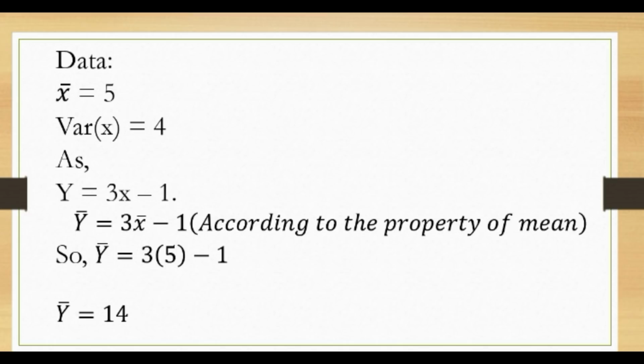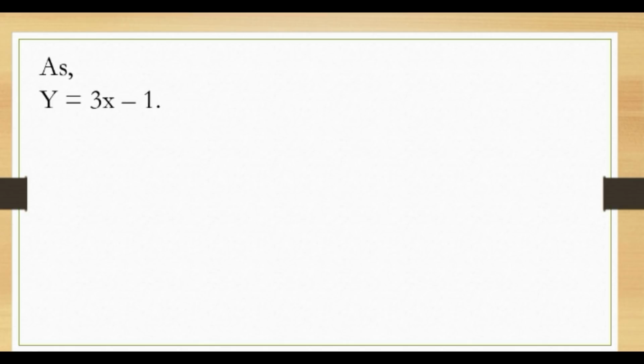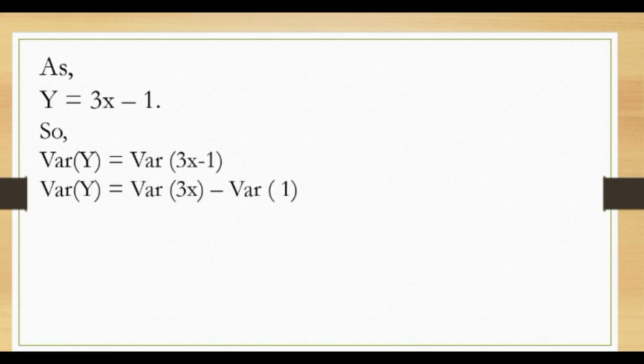After that, find the value of the variance of y. As y equals 3x minus 1, apply variance on both sides of the equation. So variance of y equals variance of 3x minus 1. Variance of y equals variance applied on 3x and on 1. So it will be variance of 3x minus variance of 1.